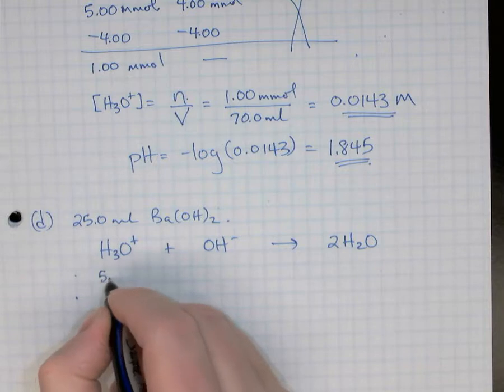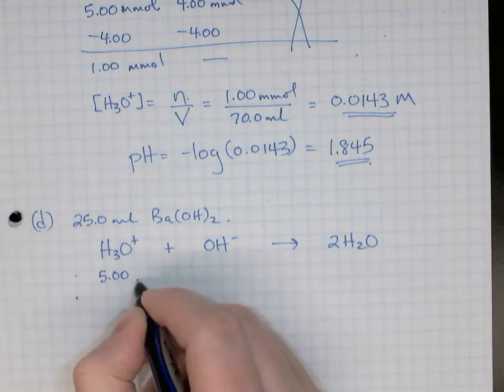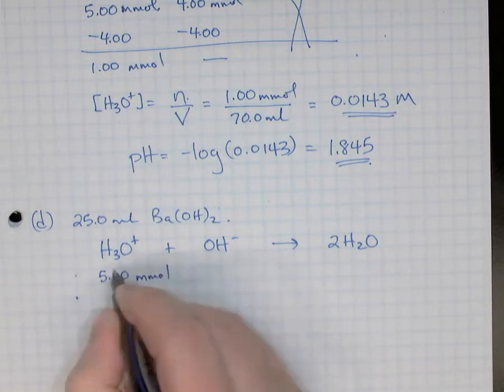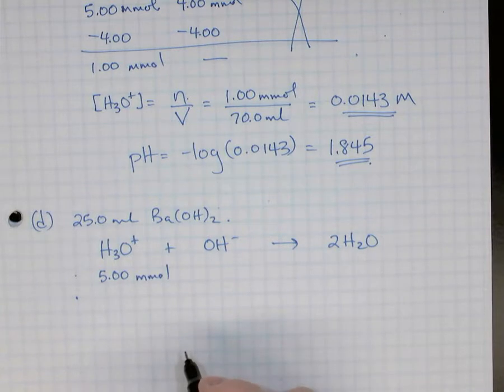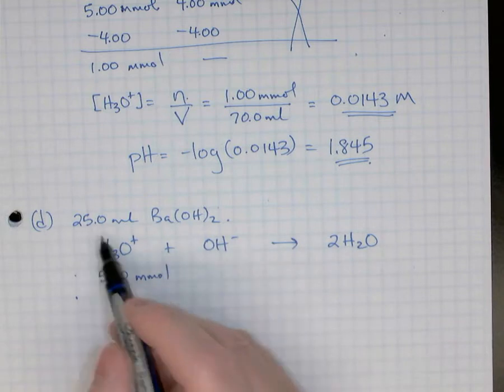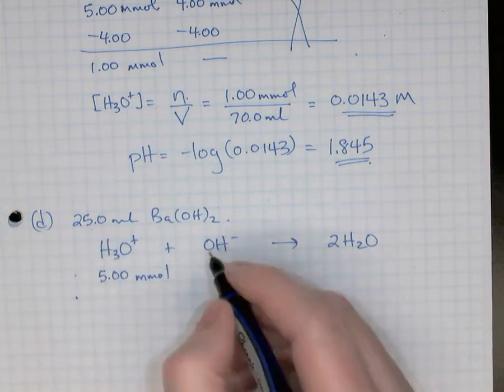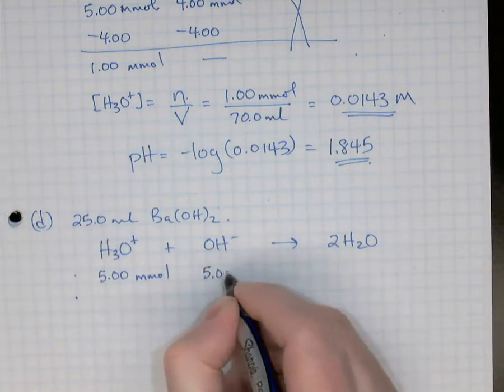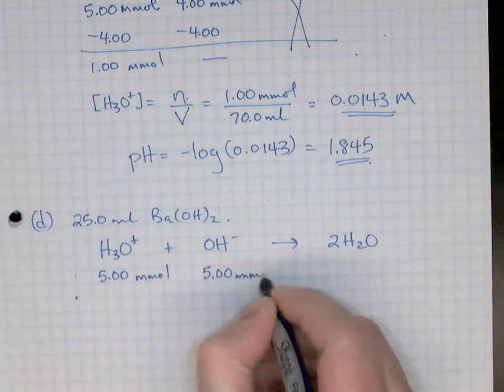We had 5 millimoles of acid, 50 milliliters of 0.1 molarity. The hydroxide is now 25 times 0.2. It's going to be 5 millimoles also.